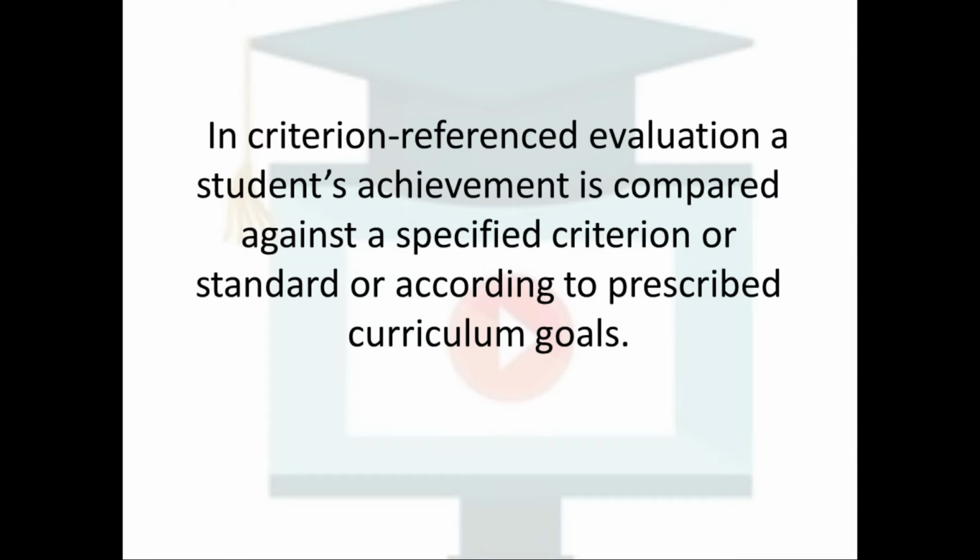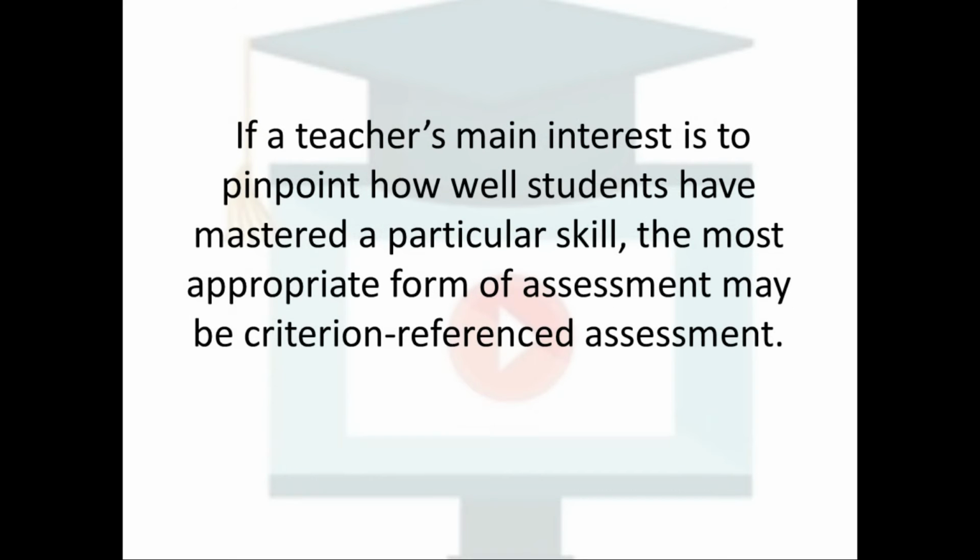In criterion-referenced evaluation, a student's achievement is compared against a specified criterion or standard or according to prescribed curriculum goals. If a teacher's main interest is to pinpoint how well students have mastered a particular skill, the most appropriate form of assessment may be criterion-referenced assessment.